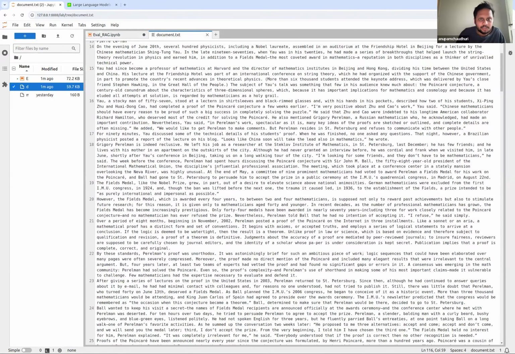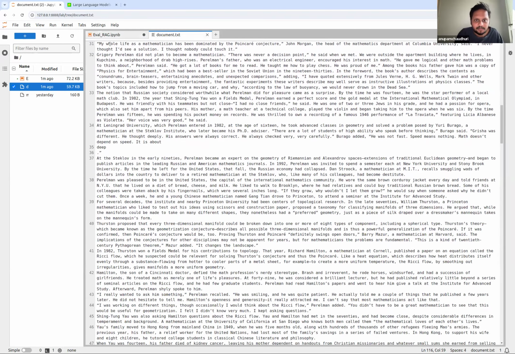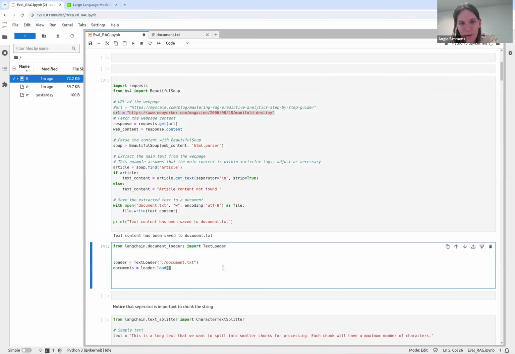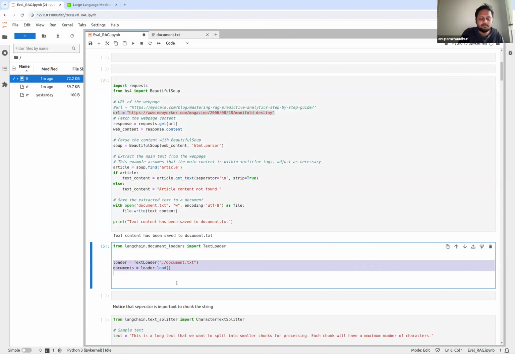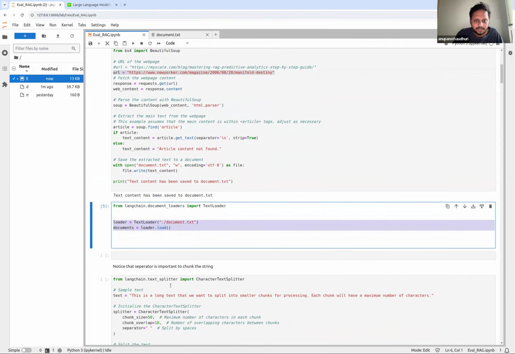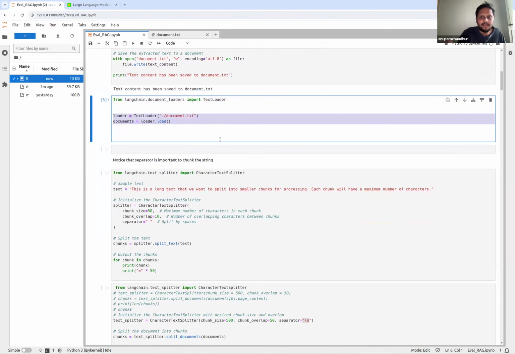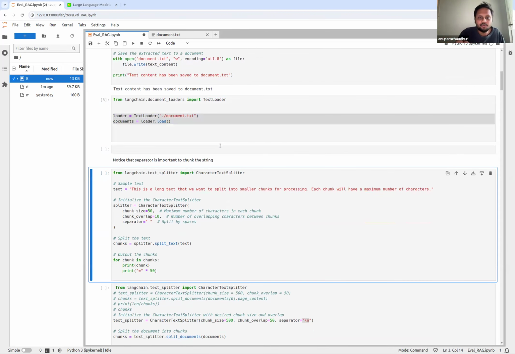After I take the file, I just use again the document loader from LangChain to load the document in our Jupyter environment. Now we have the document loaded.